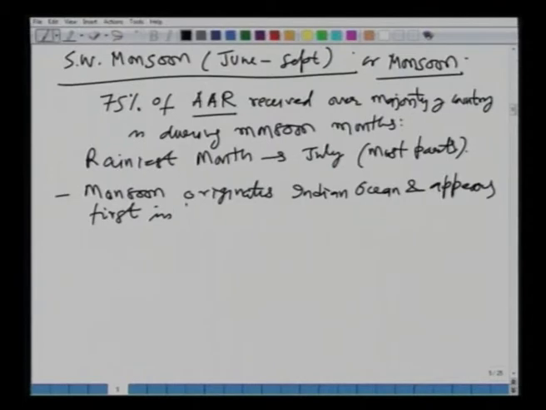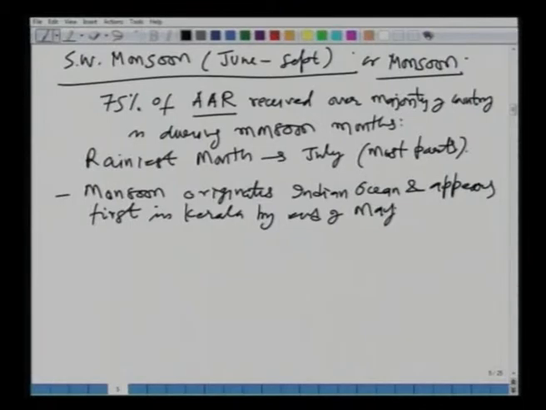Well, today is 2nd of June, the day on which this lecture is being taken, and I just heard that the monsoon has just arrived in Kerala, all right. So, the first place in India where the monsoon arrives is Kerala, all right. It first appears in Kerala, the southern part of our country, by the end of May normally.